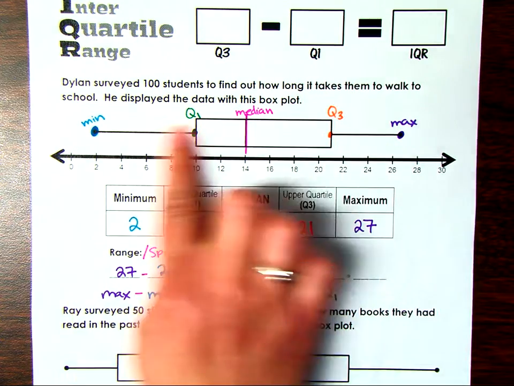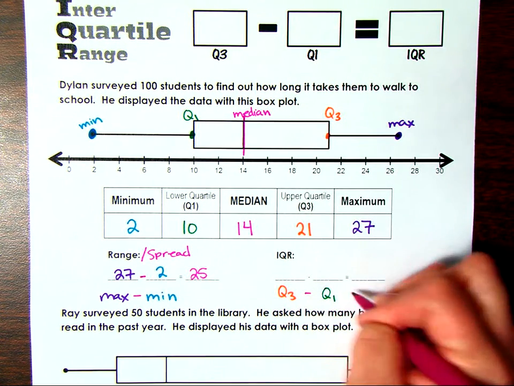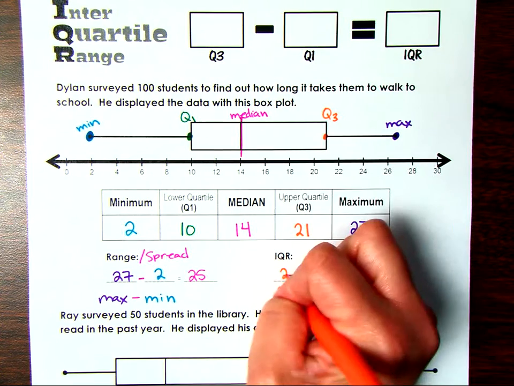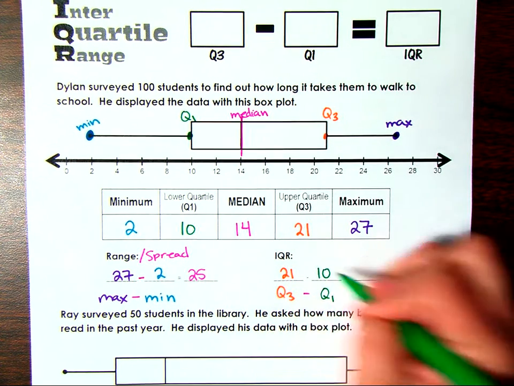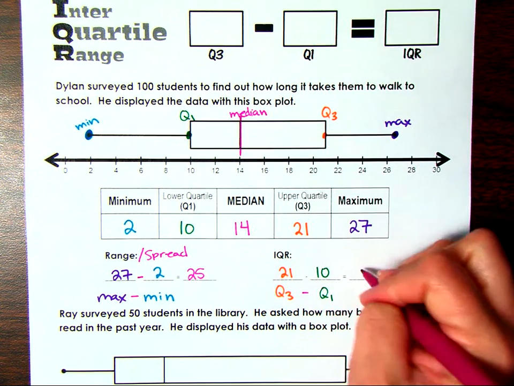So if we didn't know how to read this box plot, we wouldn't know how to answer these questions. Quartile 3 was 21, and quartile 1 was 10. So 21 minus 10 gives you 11.